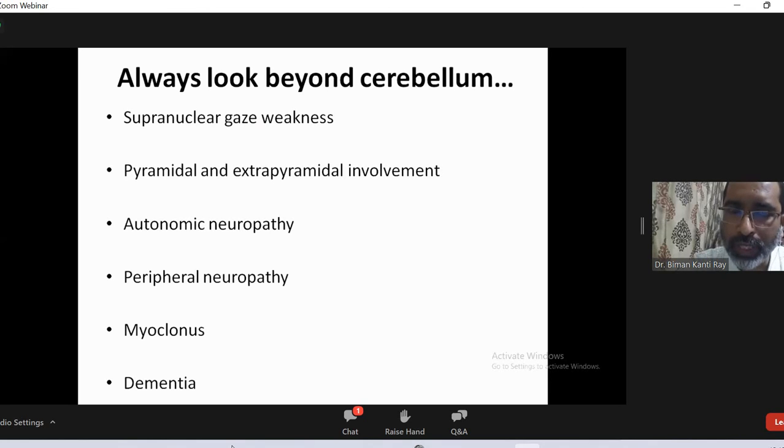You always try to find out whether the patient has any problem of cognition, any supranuclear gaze weakness, any pyramidal, extrapyramidal involvement, any autonomic neuropathy, peripheral neuropathy, myoclonus. So make a very clear idea that whenever you get any predominant cerebellopathy, you don't forget to look beyond the cerebellum.